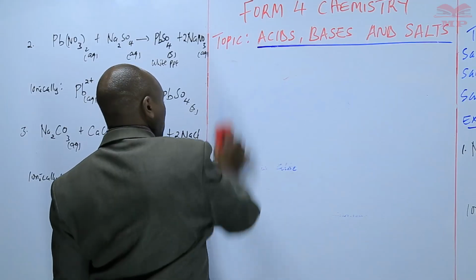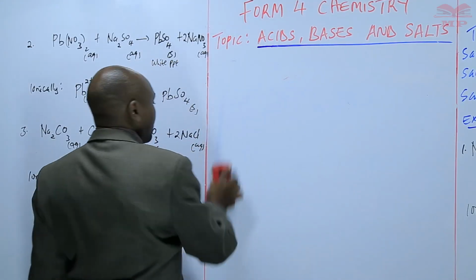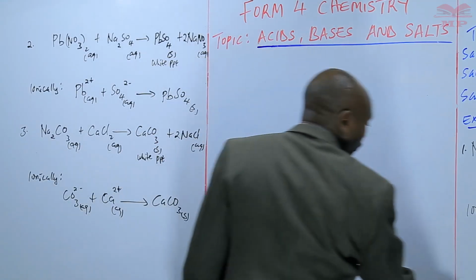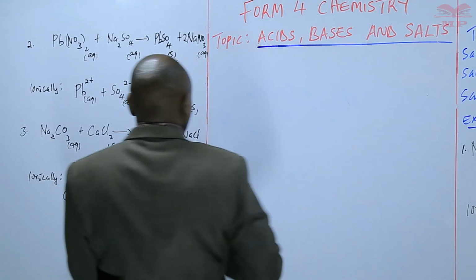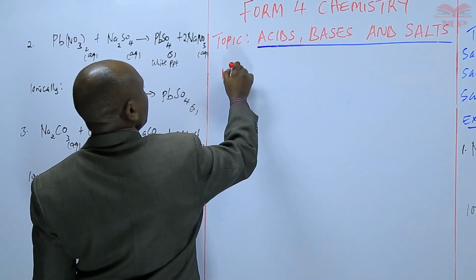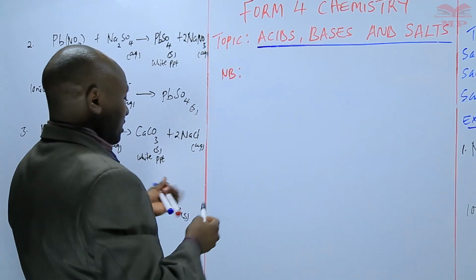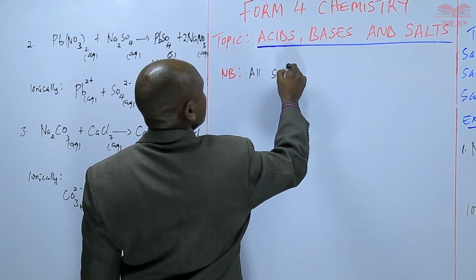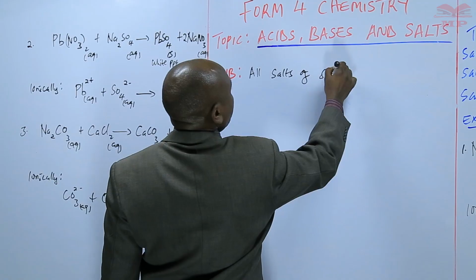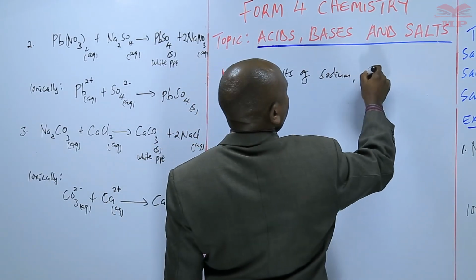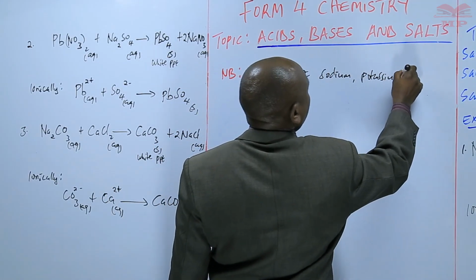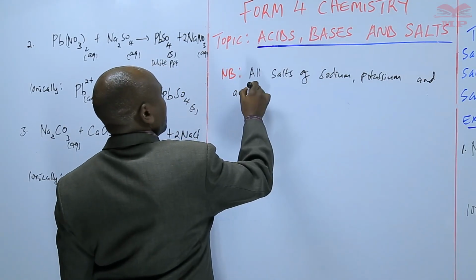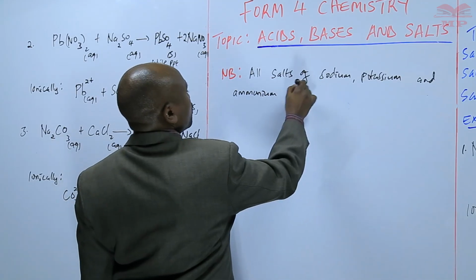So these precipitation reactions are based on the knowledge of solubility. And based on the solubility, we know that all salts of sodium, potassium, and ammonium are soluble in water.